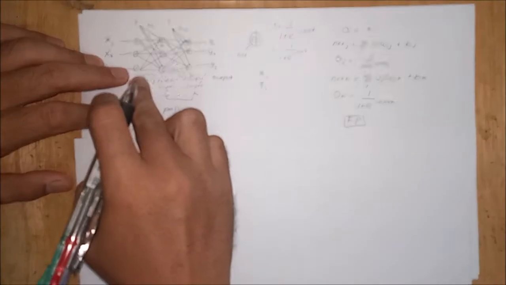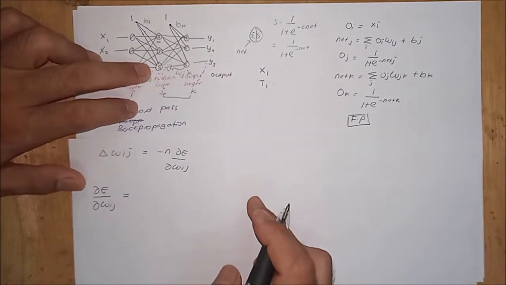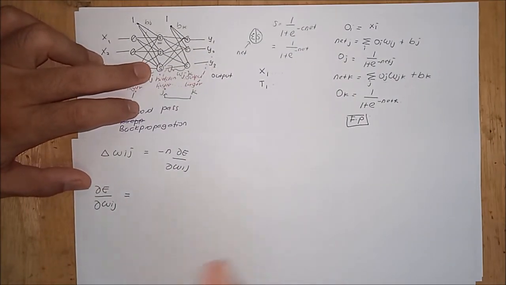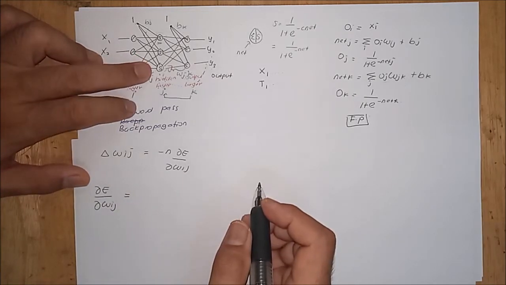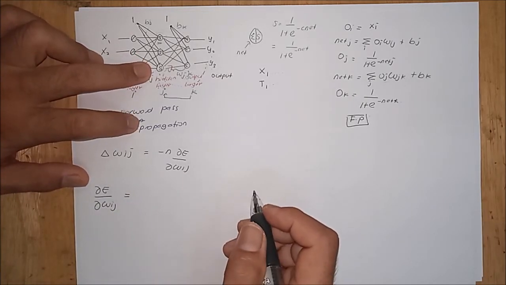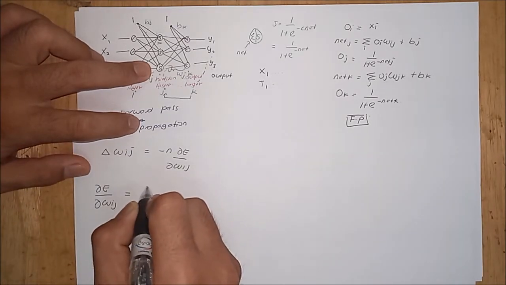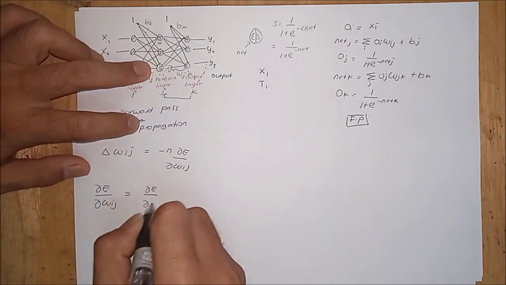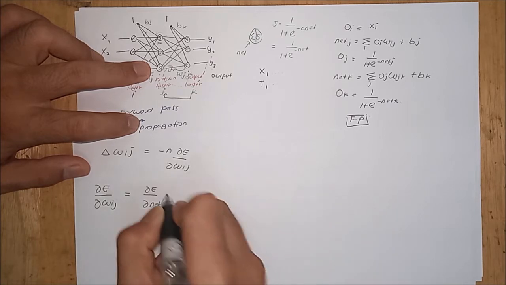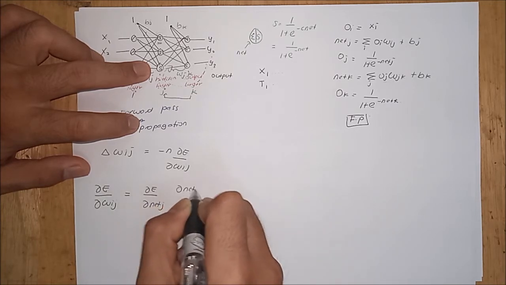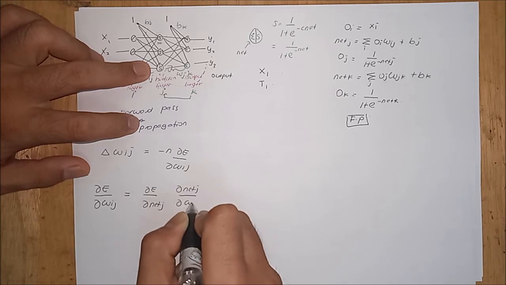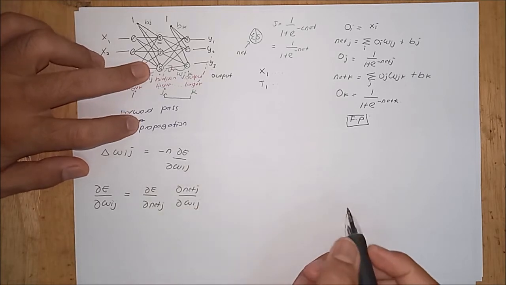Working backwards, the first thing we meet is net j, since this is the hidden layer j. So dE over d net j times d net j over dWij. This is the first part.